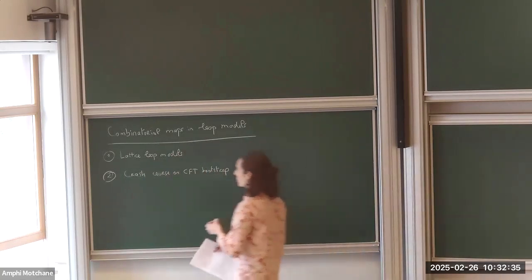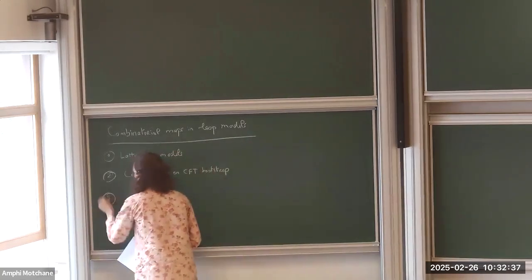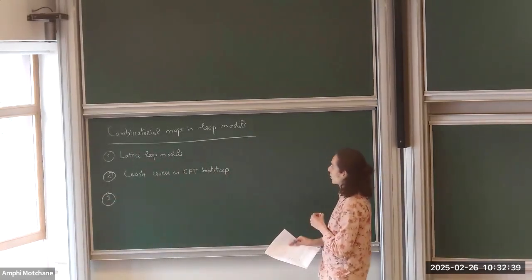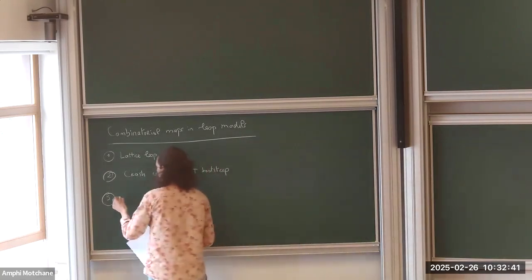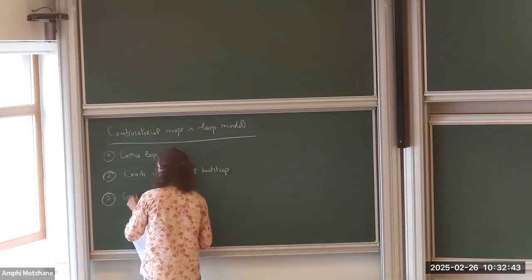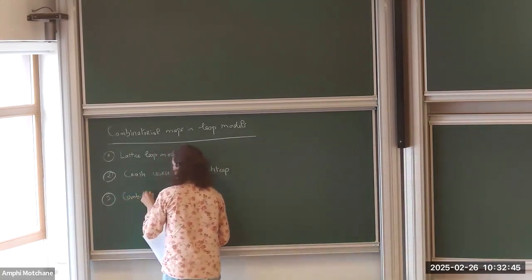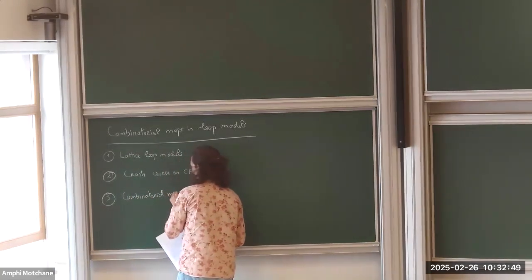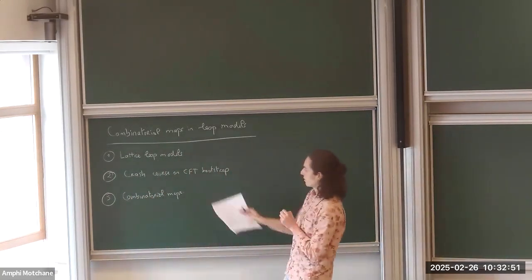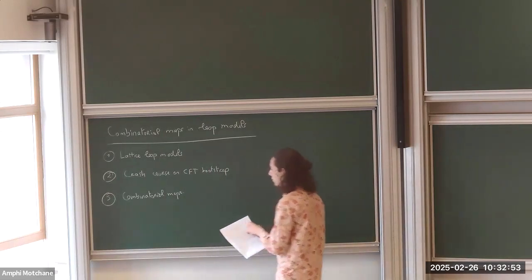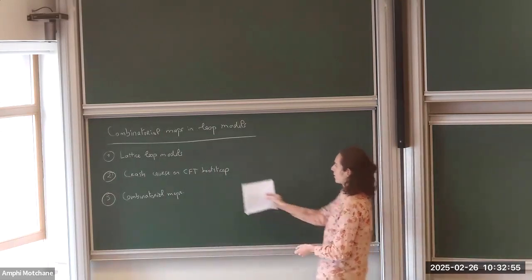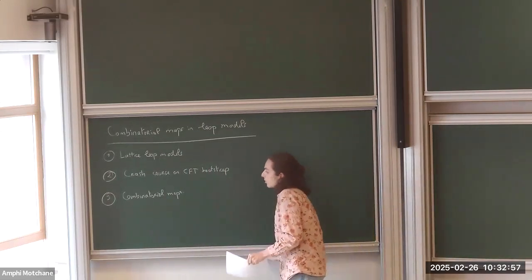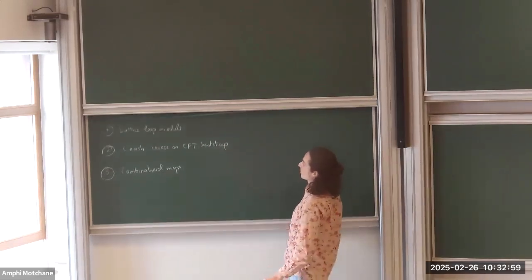The goal of this second part is to motivate and explain my last part, which is the main topic of this talk and the title of the talk, which is the relation between the CFT bootstrap of loop models and combinatorial maps. In this part, I will first define what I call combinatorial maps, and then relate them to the solution of the loop models.